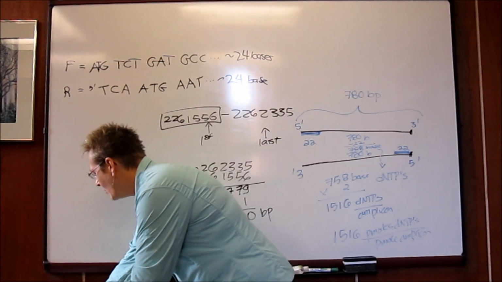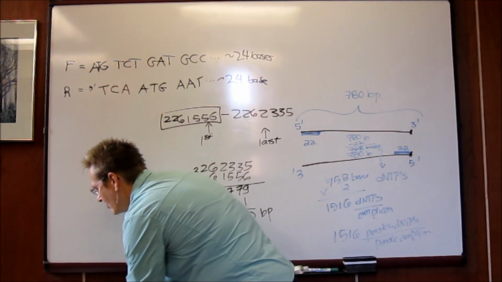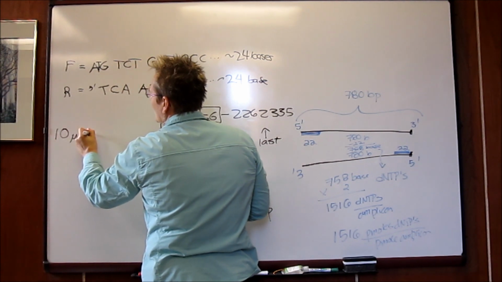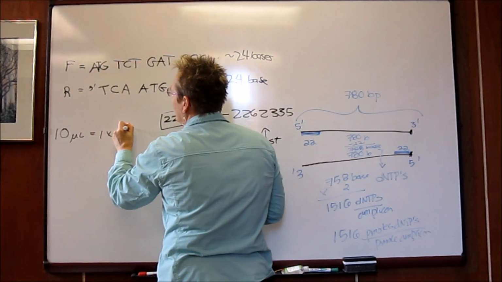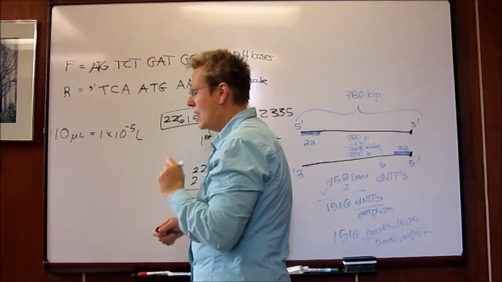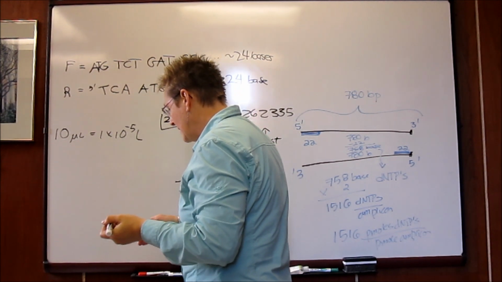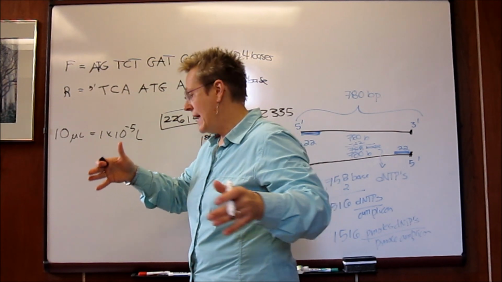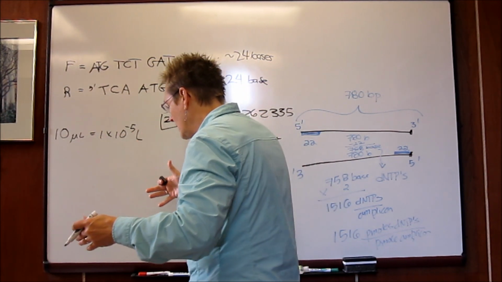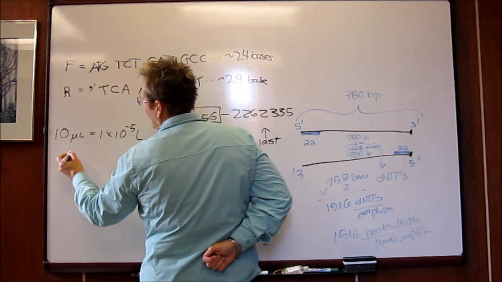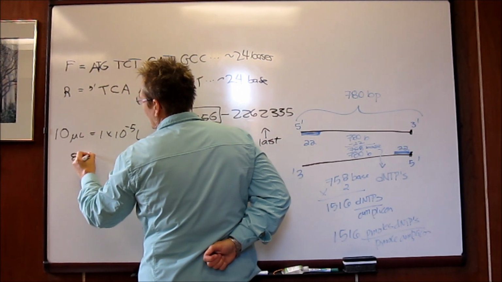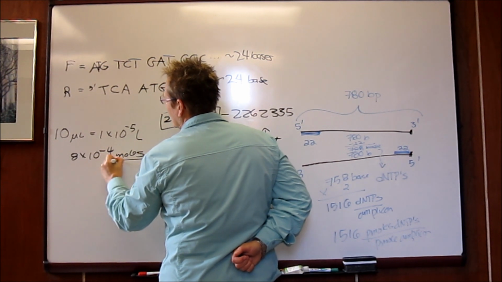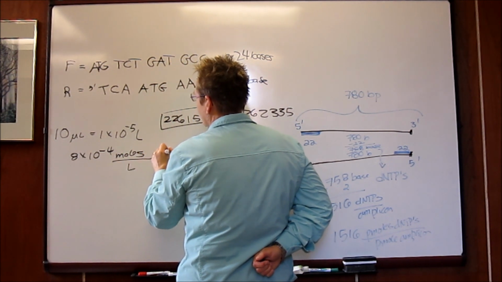It says that we have 10 microliters, okay, which is equal to 1 times 10 to the minus 5 liters. And the solution has 5 picomoles total of each primer and 0.8 millimolar dNTPs. So we have 8 times 10 to the minus 4 moles per liter of dNTPs.